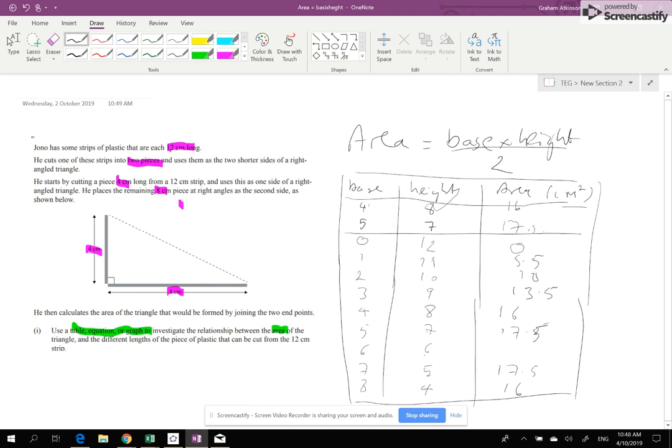And 6 times 6 is 36 divided by 2 is 18. So if I was looking at this, tick, I've done it as a table. That's a start.